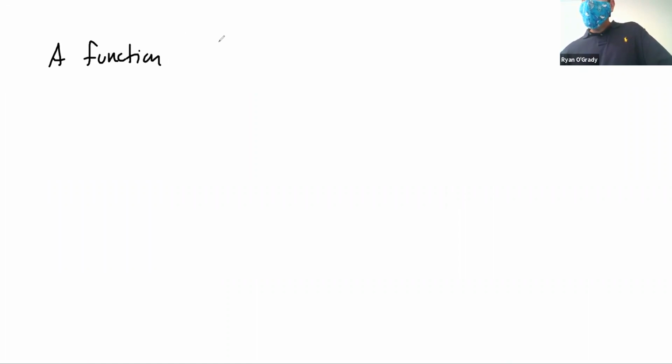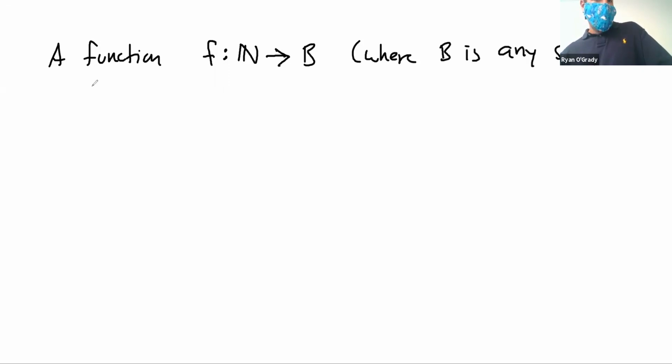A function f from the natural numbers to B, where B is any set, has a special name. It's called a sequence.